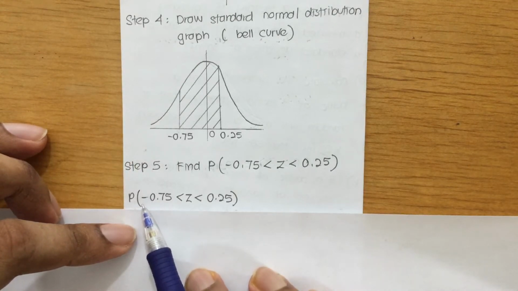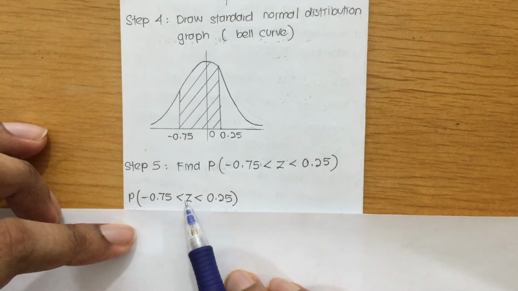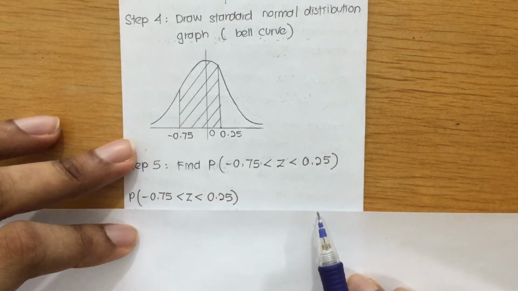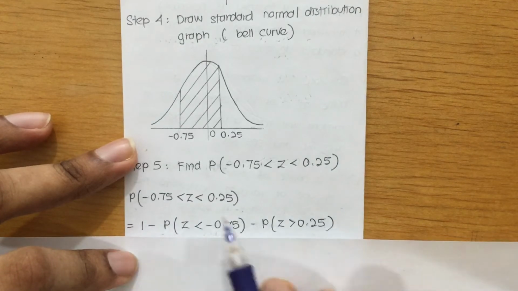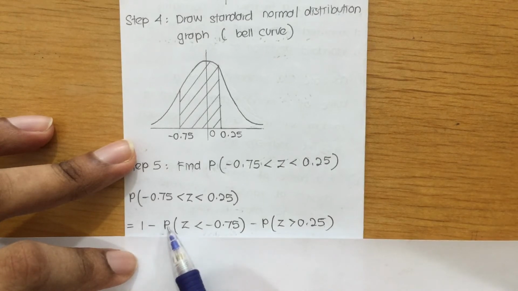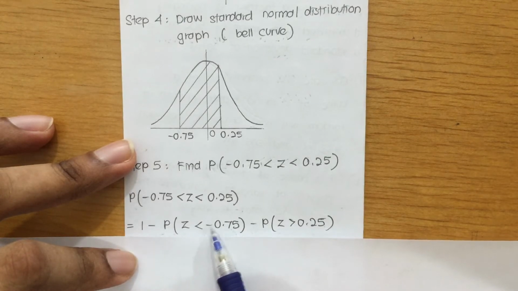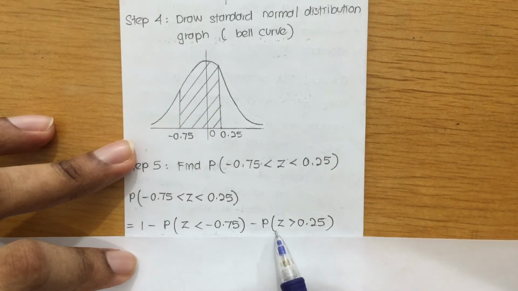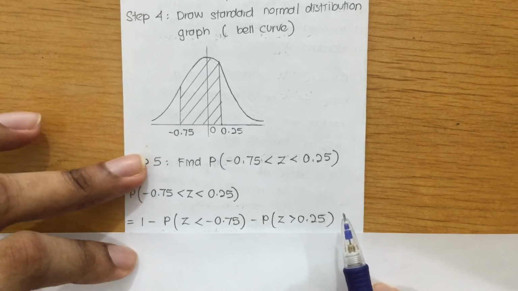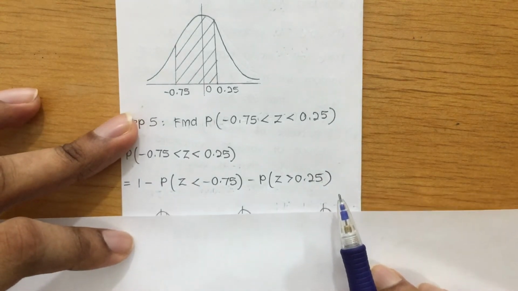Probability in a bracket, negative 0.75 less than z less than 0.25, close bracket. To solve this, you can calculate using 1 minus probability of z less than negative 0.75, close bracket, minus probability of z more than 0.25.